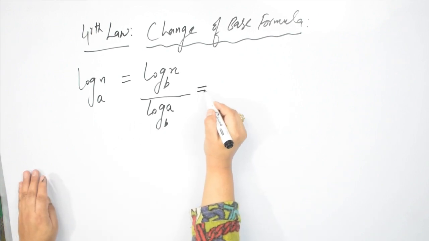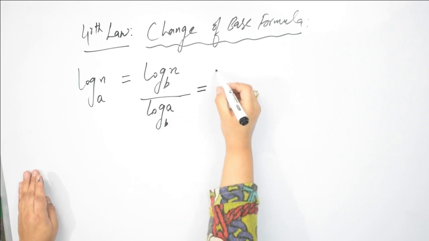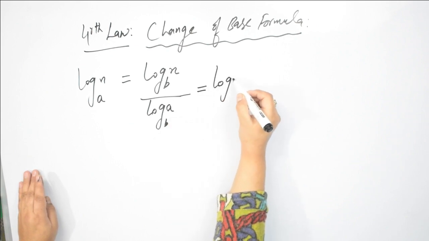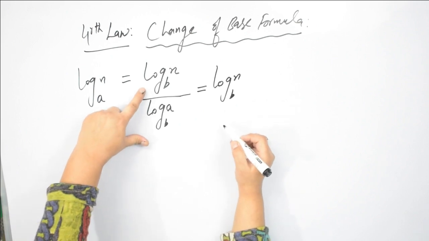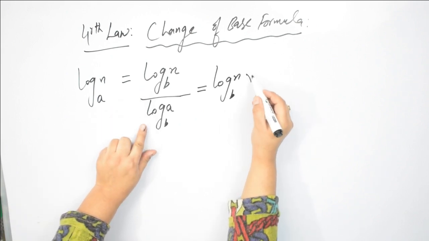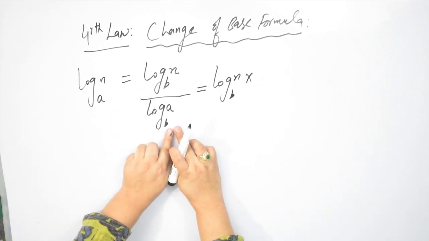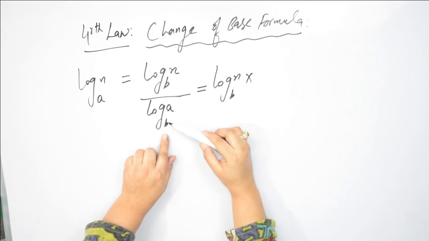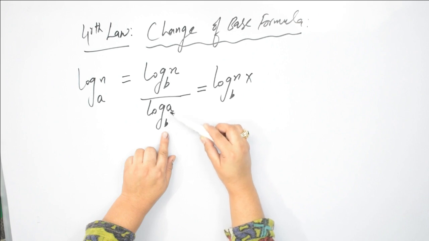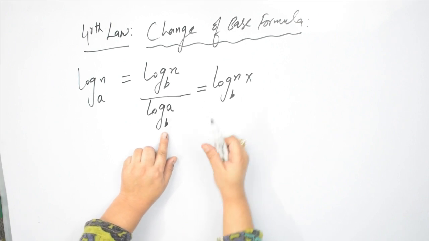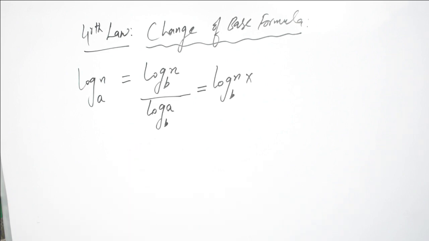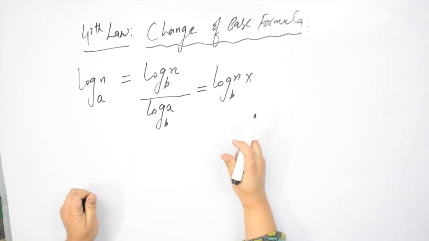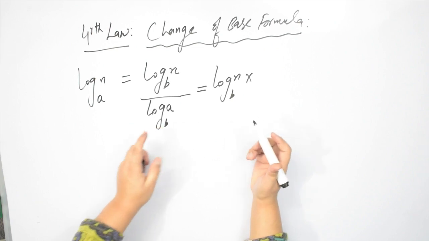And I can write this law in this form: log of n to the base b, numerator as it is, multiplied by, when I shift the denominator to the numerator, the positions of these two will change. That base becomes number and number becomes base. Why I'm shifting is another proof, I will tell you in my next video how it's possible.